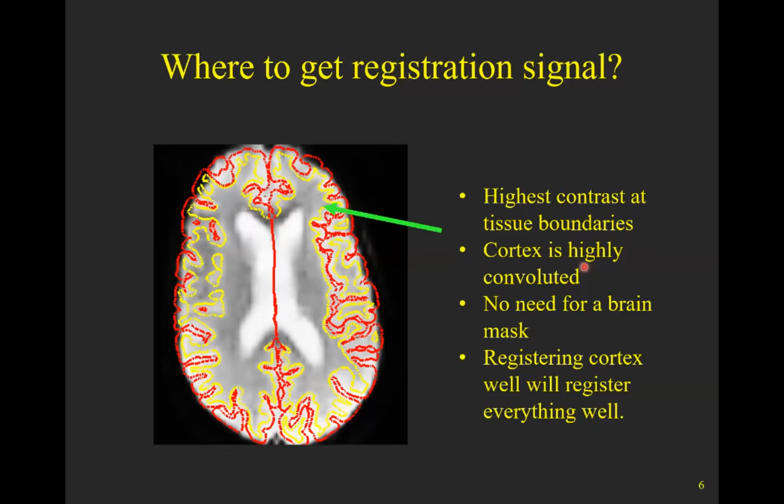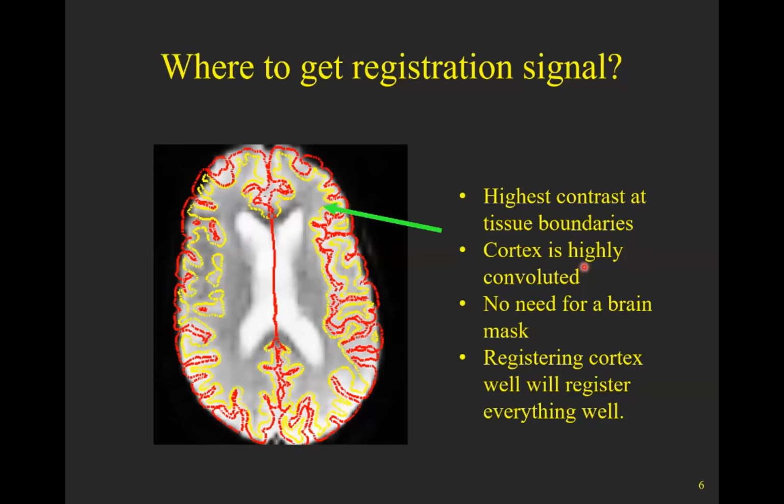And unless you do that exactly the same way, you're going to have places where maybe there's a little bit of eyeball left in the anatomical, or maybe a little bit of brainstem left in the functional, and the actual outer edge of the brain mask in both of these things is not going to be the same. And that can be something that corrupts the registration. So when you're driving the cost function off of cortex, you don't actually need to do any brain masking at all.